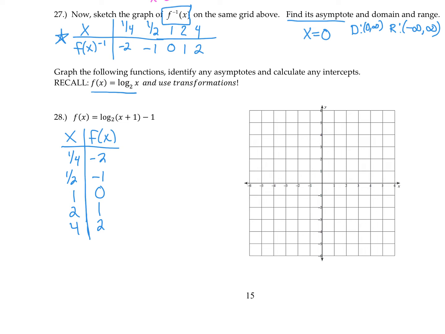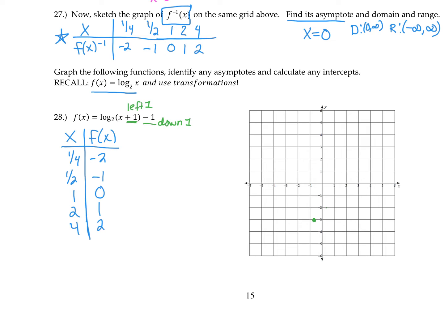Now, when I plot those points, I need to take into account that this is telling me I'm going left 1, down 1. So I'm going to plot 1/4, -2 right here, and then go left 1, down 1. I'll end up there. Go back and erase those other points.